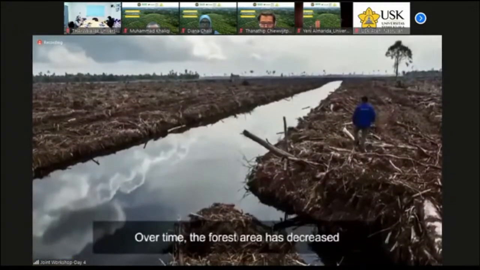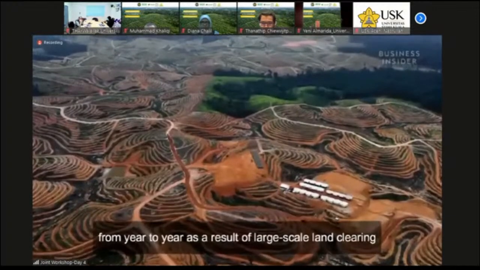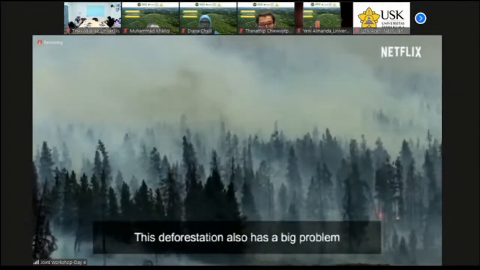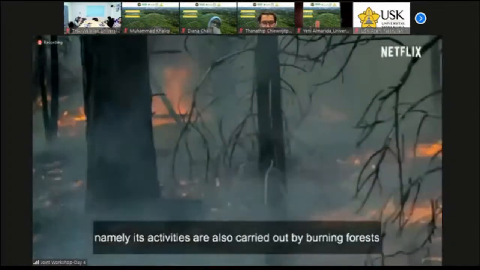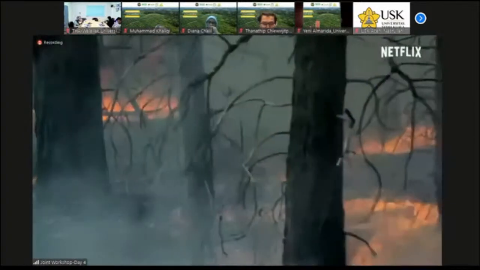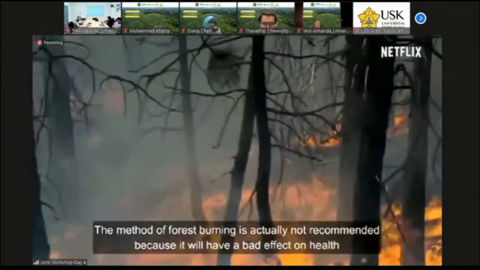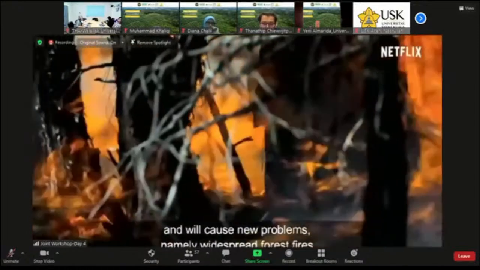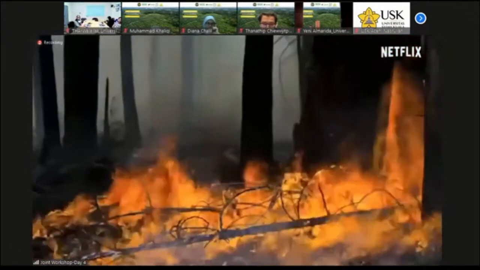Over time, the forest area has decreased from year to year as a result of large-scale land clearing. This deforestation also has a big problem, namely that its activities are also carried out by burning forests. The method of forest burning is actually not recommended because it has a bad effect on health and will cause new problems, namely widespread forest fires.